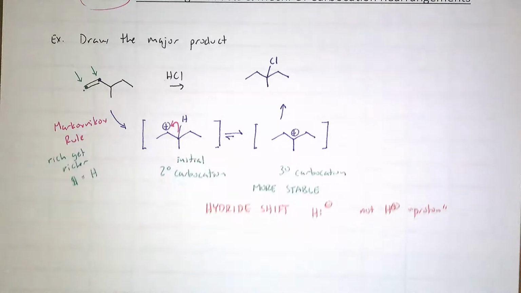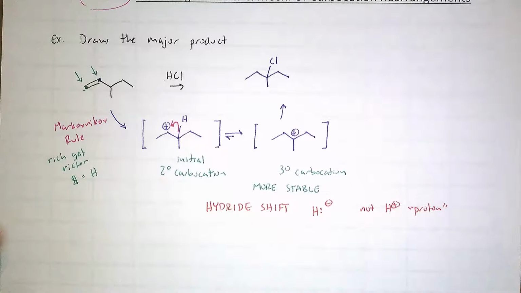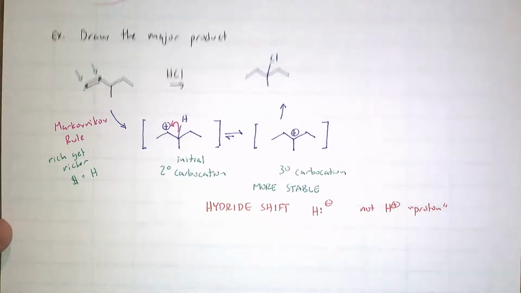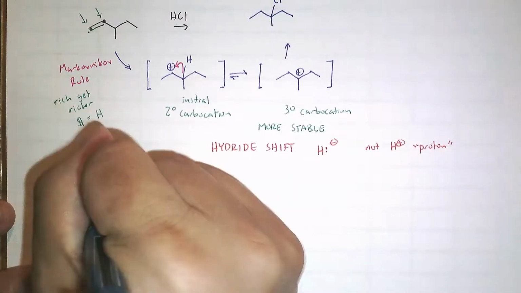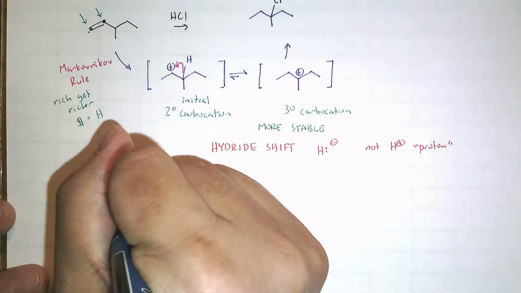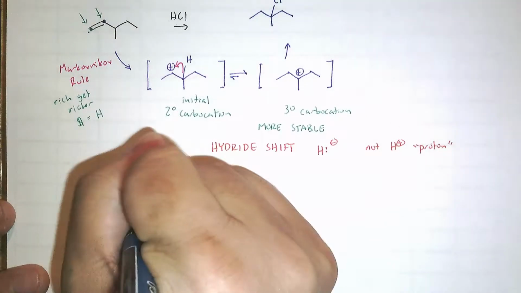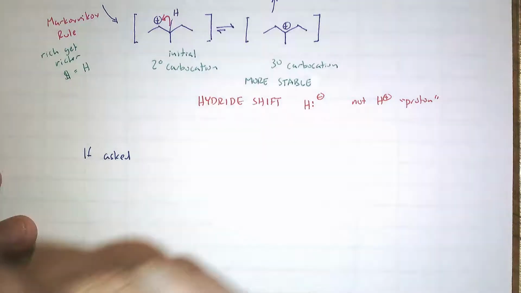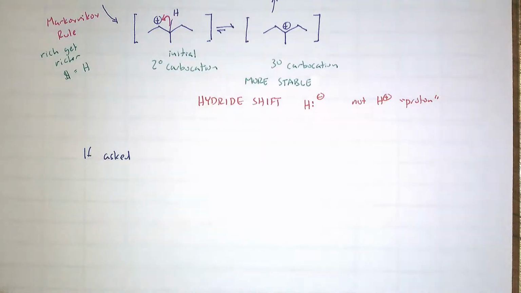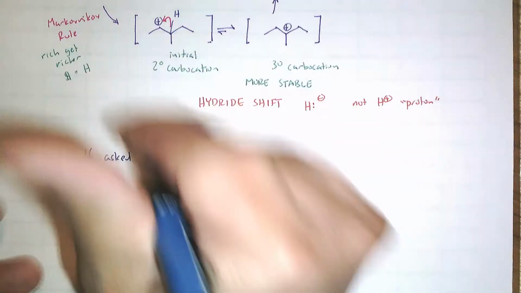There are some ground rules, though, when you are doing a carbocation rearrangement, and they're a little bit subtle. Let me write them down. If you're asked to provide the product, then don't go shifting all over the place. You should shift only once.